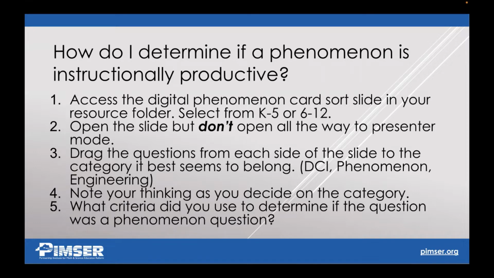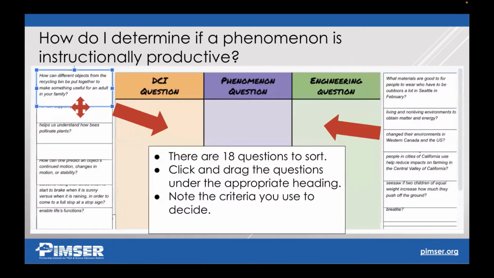Does it belong under DCIs, under phenomenon, or under engineering? Again, note your thinking as you decide on the category. What criteria did you use to determine if the question was a phenomenon question or not? This is what it'll look like if you're doing the digital sort. Again, you're going to open the slide, but don't put it on presenter mode.